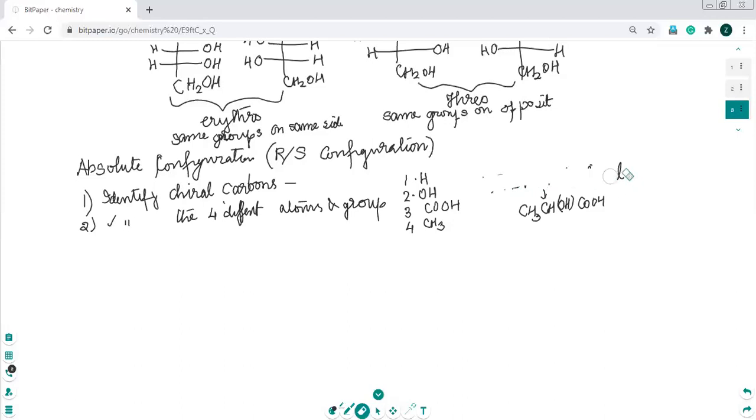Now, once after identification of the 4 groups, next you have to assign the priorities of each group. Assign the priority for each group. That is the next step.